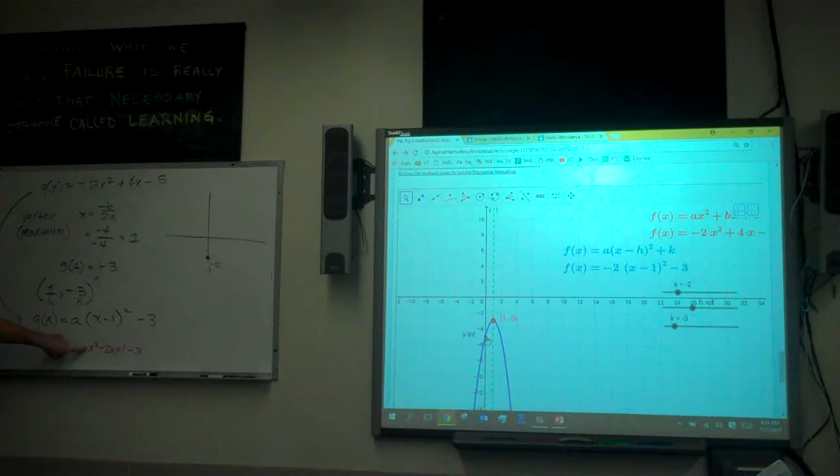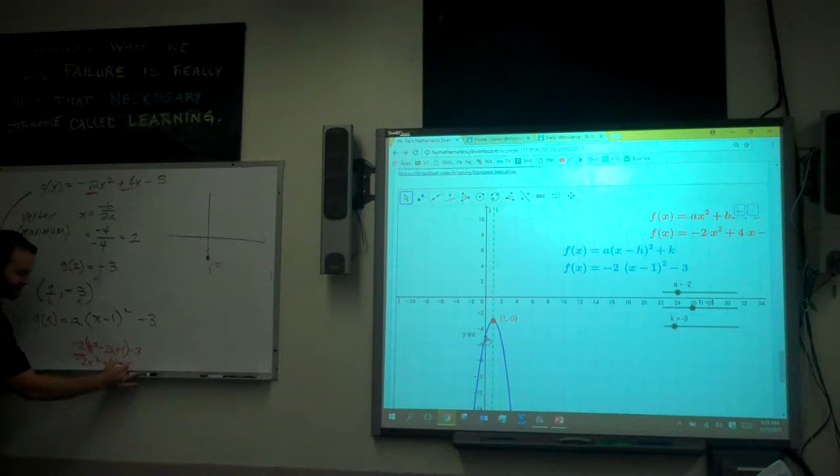I want that a term to be a negative 2, right? So what do I multiply this by to get that 1 right there to become a negative 2? Negative 2, right? If I plug a negative 2 in there, it gives me negative 2x squared plus 4x. So far we got both those things. It'll then be negative 2 minus 3. Well, negative 2 minus 3, does it give me negative 5?